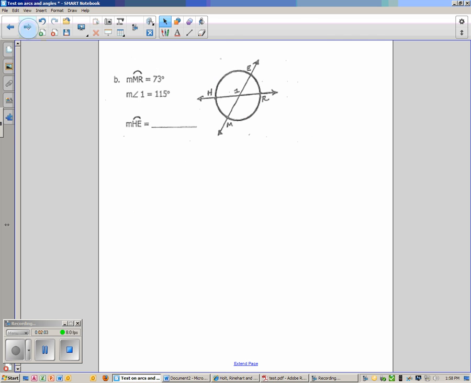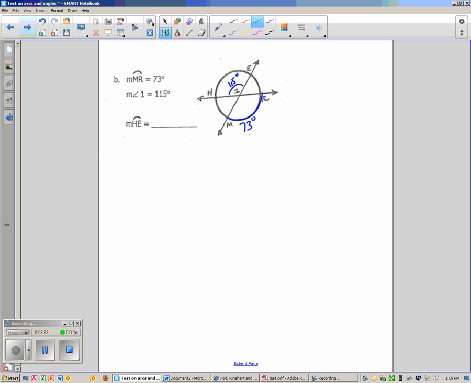Okay. So looking at my problems, I want to label what I know. I know that MR is 73, so the distance from here to here is 73 degrees. I know that the measure of angle 1, which is here, is 115 degrees.